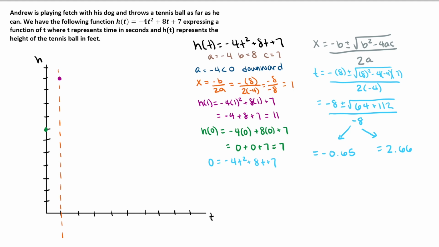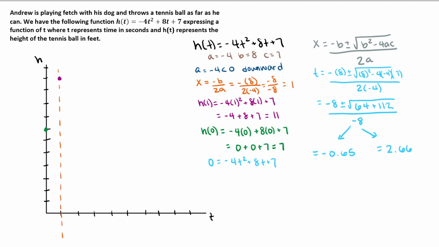Now for our graph, they're giving us only the first quadrant of our graph. Since we're talking about an actual ball being thrown, there are two things that must be true. Time can only be positive, so our x-axis can only go to the right because we can only have positive time, and height can only be positive. We cannot go into the ground, so we can only have the first quadrant. We can only go up.